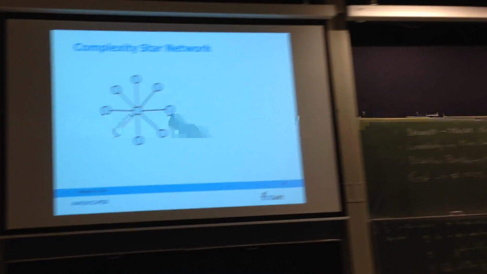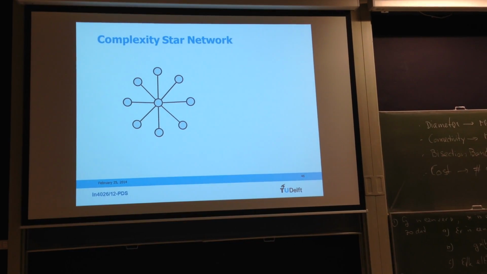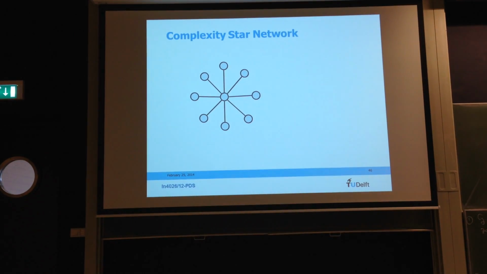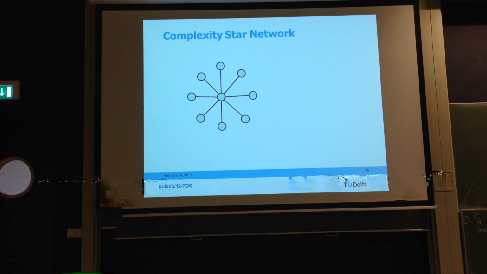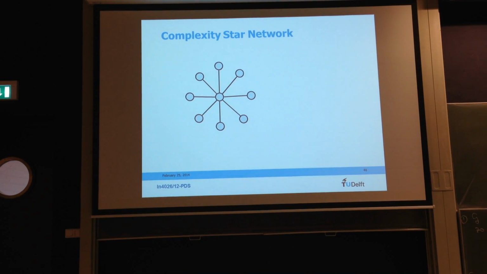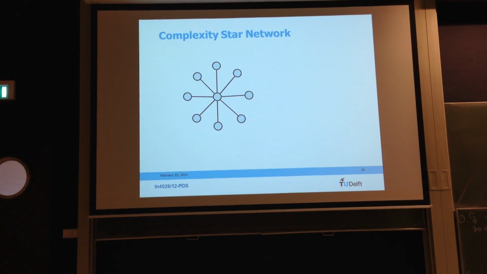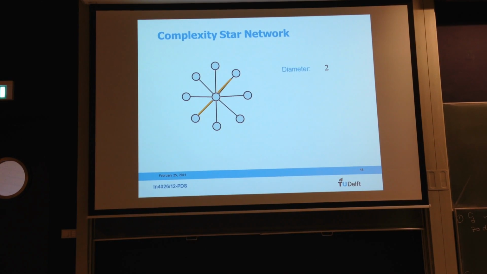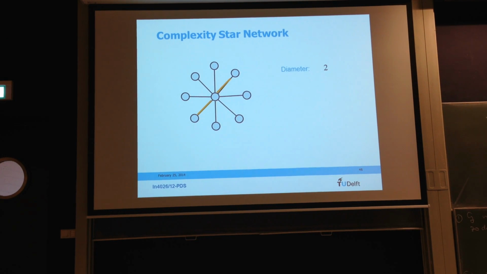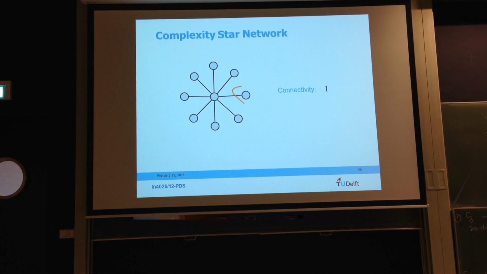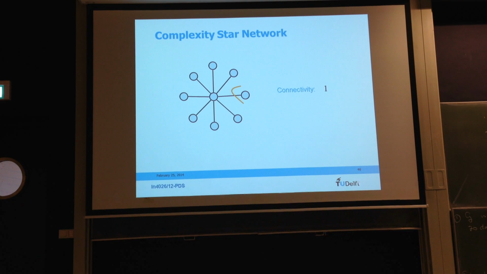So the next one, the star network. So what would be the diameter? This is an easy one, right? Yeah. So the number? 2. Yeah. That's the max distance. So the connectivity is easy, right? It's just one node.